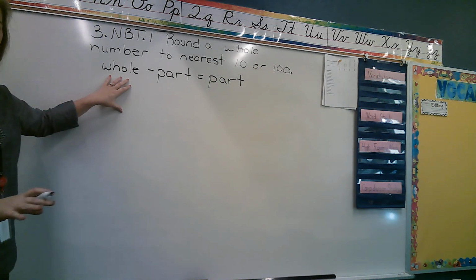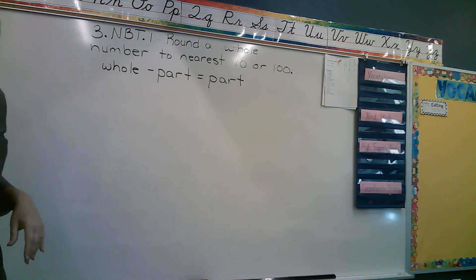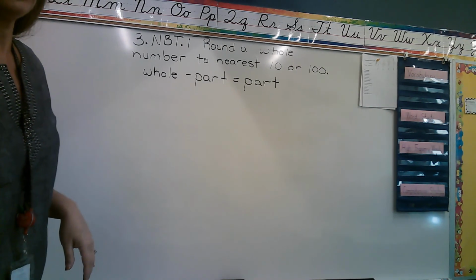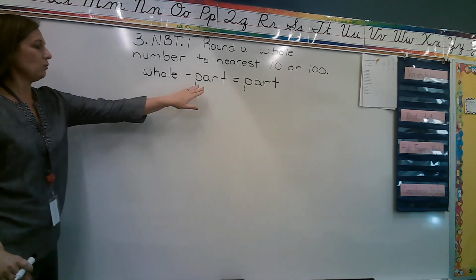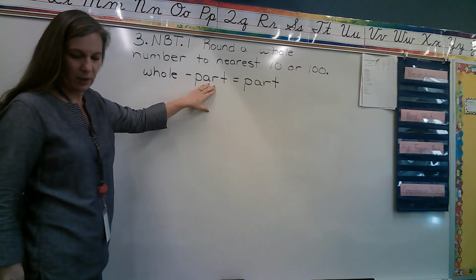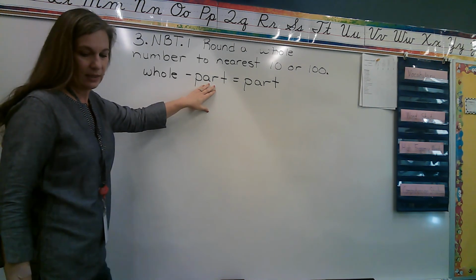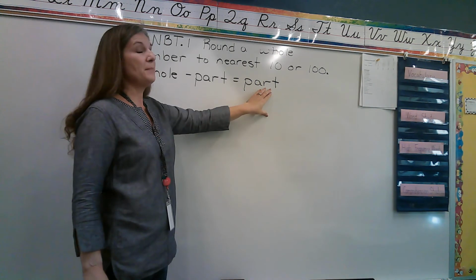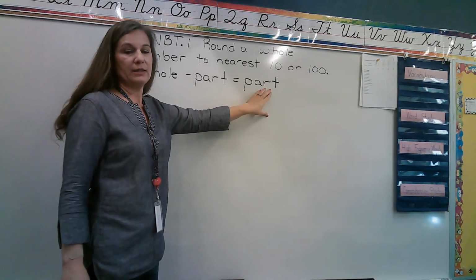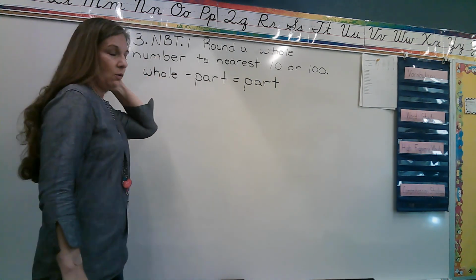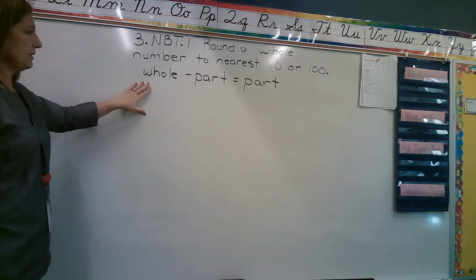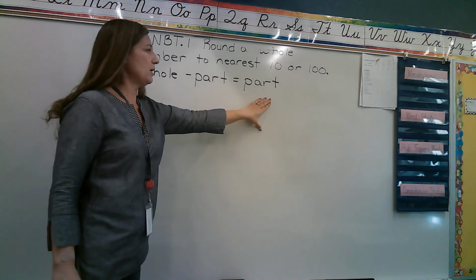We know all the tickets were sold, right? We want to make sure we find one of the parts in this particular word problem, which would be the tickets that have arrived, 126, and we want to know about how many are going to be left. So when we're subtracting, this is the idea that we want to think about.